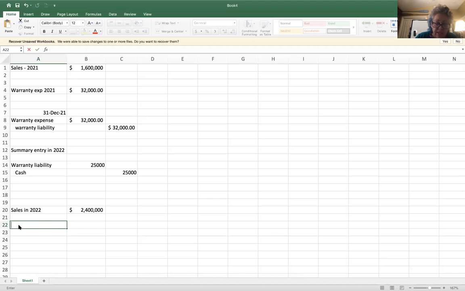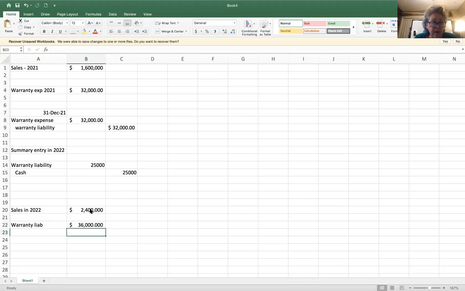So they're estimating that their warranty liability, let me phrase it this way, for 2022 will be the sales times 1.5%.